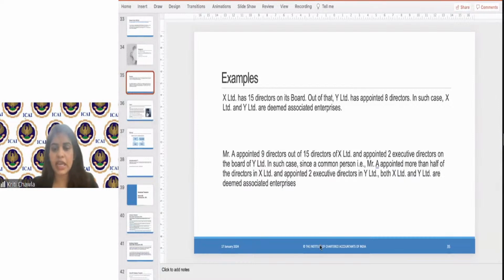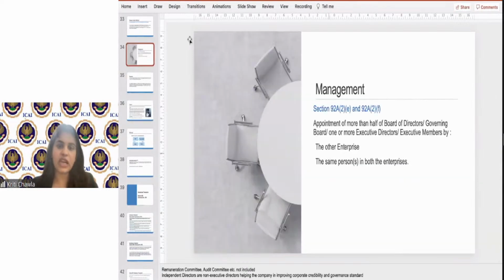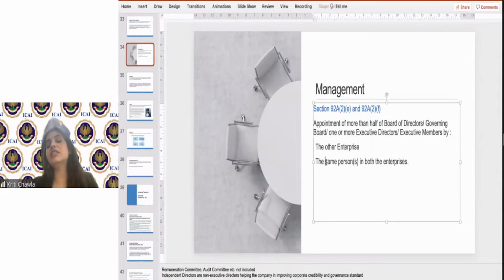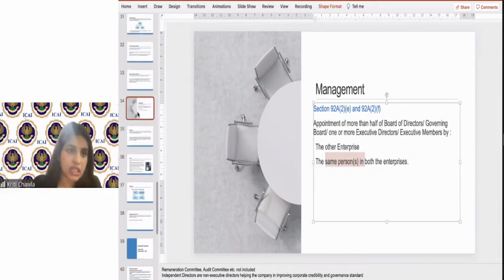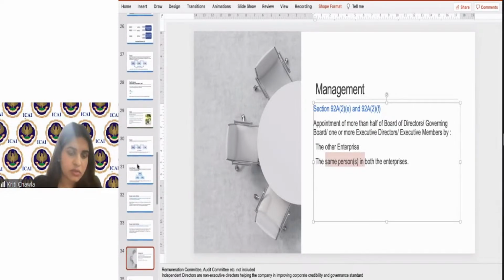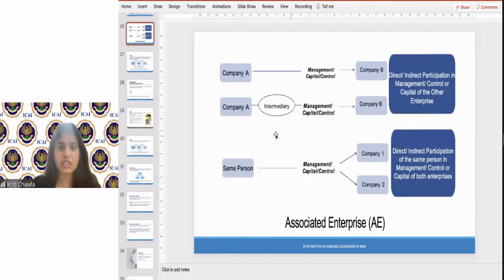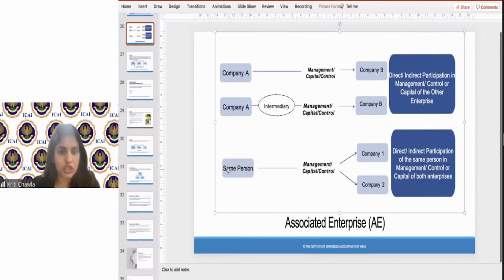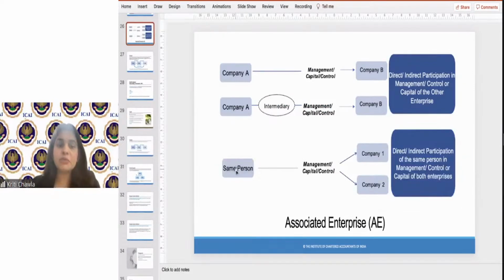Please repeat 92A to F. Okay, I will repeat 92A to F. 92A to F basically means that there is one person and this one person is appointing people in 2 companies, meaning to say this kind of situation. There is one person, and this person is in company 1, company 1 has 15 board of directors.